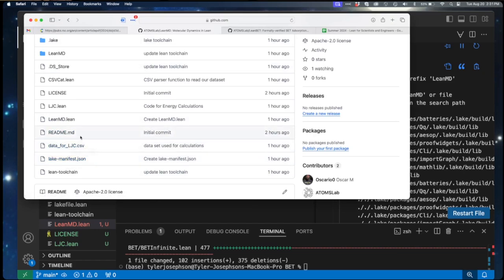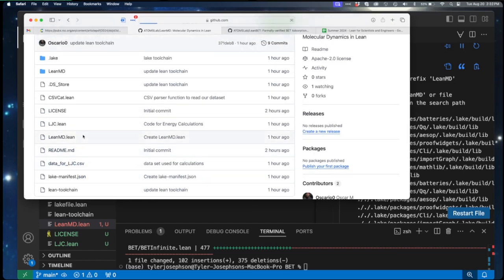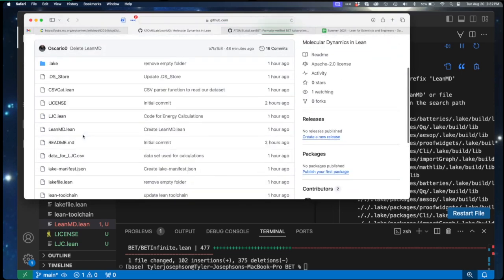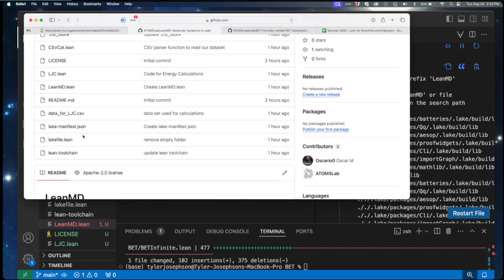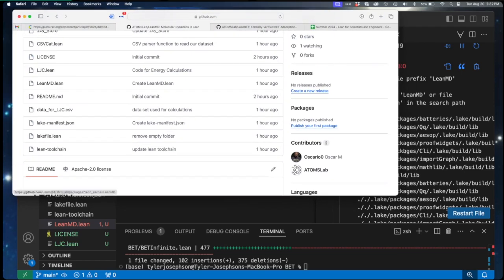I have the lake manifest, but Oscar didn't upload the lake file. Okay, we'll open it from the browser and we'll just walk through it without getting type information.